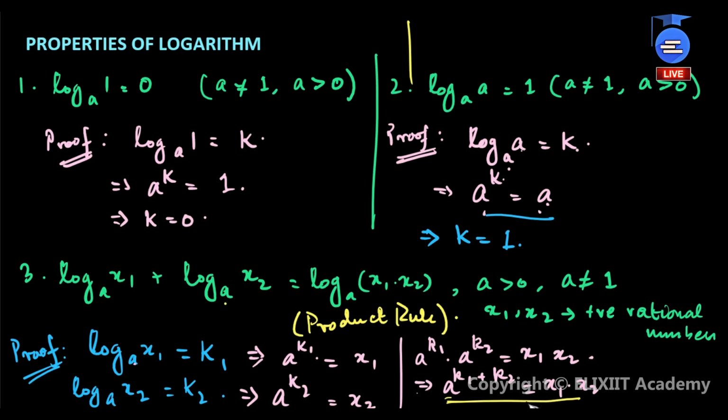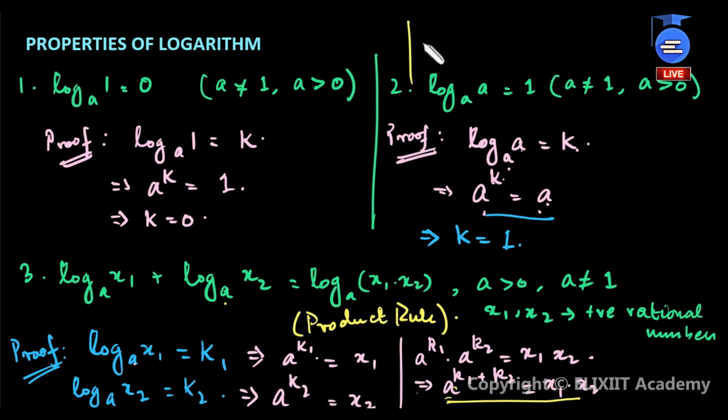So what I do from here: this is in terms of anti-log, convert this to log. So this is your base, a to the power k1 plus k2 equals x1 into x2. Convert this in terms of log again.